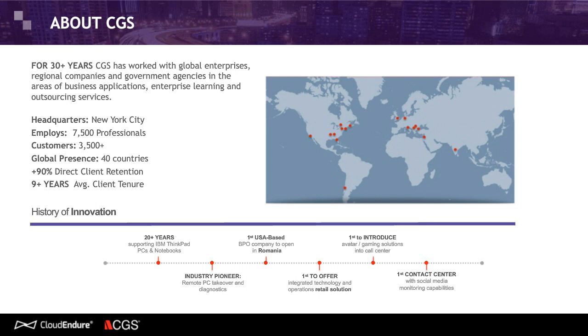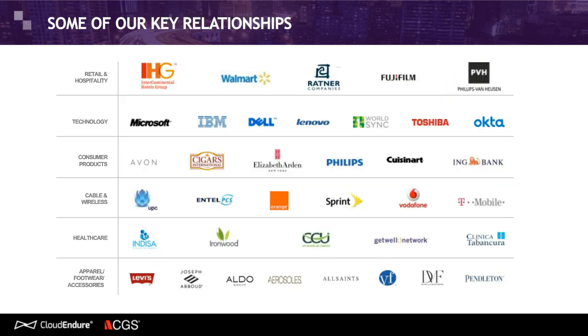And as is obligatory in most of these presentations, I'll give you samples of some of our clients and what we do. But you can see from this key relationship slide that we span multiple industries, from technology to consumer products to apparel, soft goods, healthcare, really a wide spectrum of customers that we touch on a day-to-day basis.